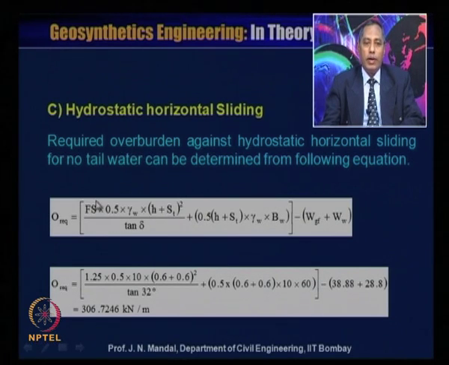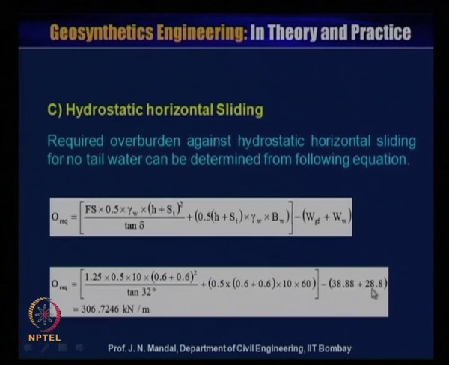So O required is: factor of safety 1.25, this is 0.5, gamma W unit weight of water 10, plus H is equal to 0.6, ST is equal to 0.6, so 0.6 plus 0.6 square, this divided by tan delta, delta value is given 32 degree, plus 0.5 plus H plus ST, 0.6 plus 0.6, then gamma W is 10 and BW is the base width of the embankment, that is 60, minus the weight of the geofoam we calculated earlier 38.88, and also the weight of the water, that is WW, which we also calculated earlier, 28.88.